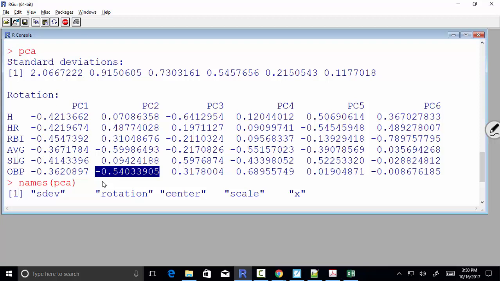The fact that some of the signs are different means that whereas PC1 is an index kind of variable, PC2 is a contrast kind of variable. PC2 is a difference between home runs and RBIs on the one hand and average and on-base percentage on the other.